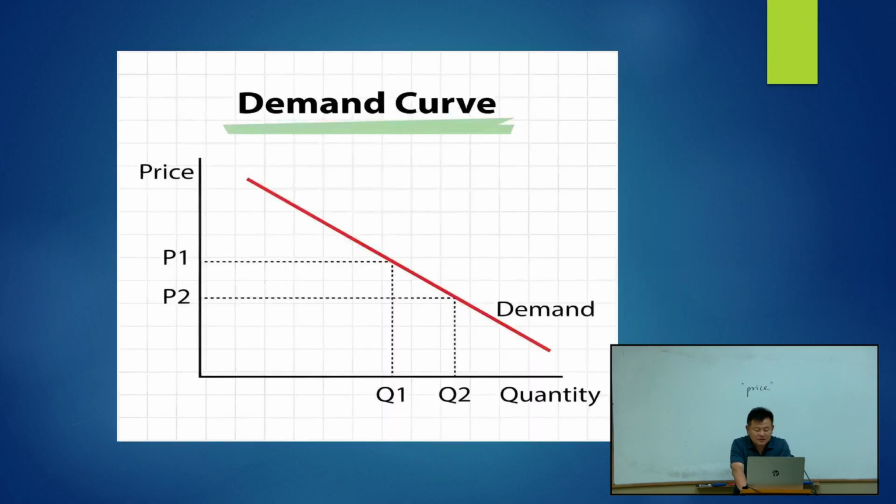So briefly, a downward-sloping curve is the demand curve, the normal demand curve. As you know, this is for quantity Q2 and the price is a little bit down. P1, Q1 is combined.